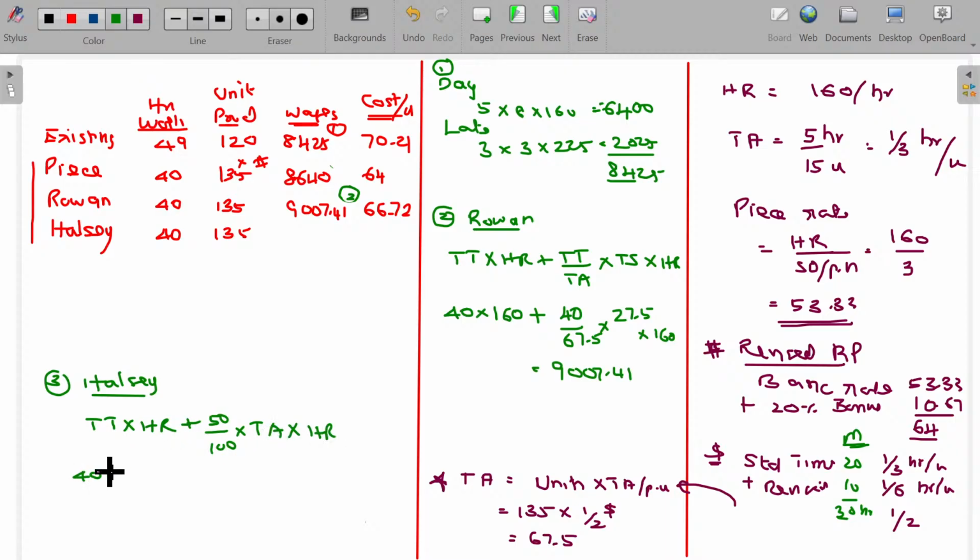Time taken 40, hourly rate being 160, 50% into time saved being 27.5 into hourly rate 160. The final value in this case being 8,600 as per working note number 3. Then finally the cost per unit in this case being 63.70. Clear?